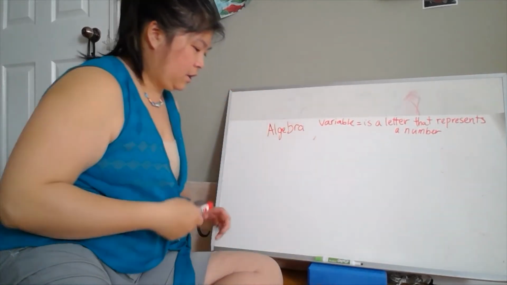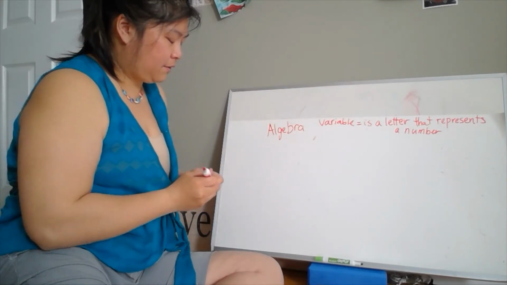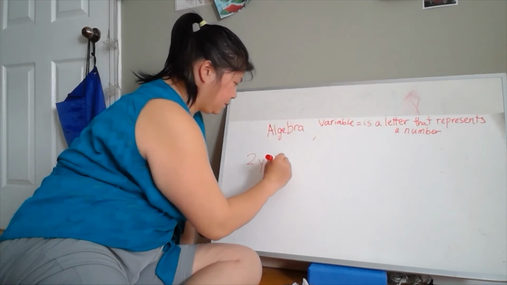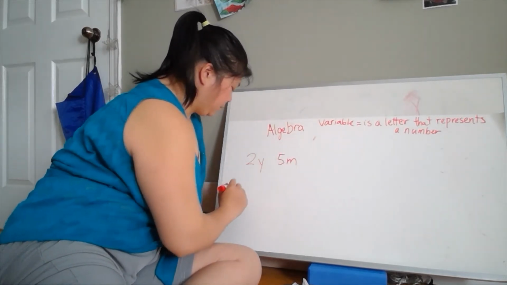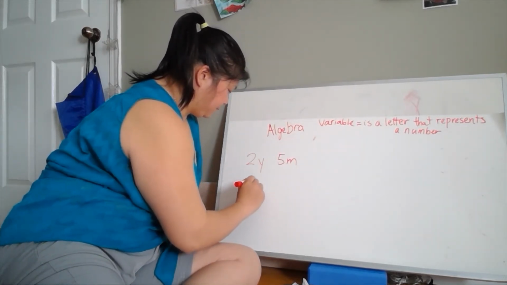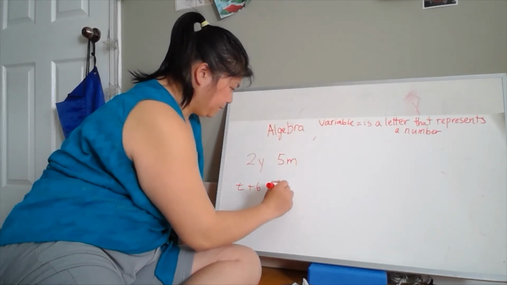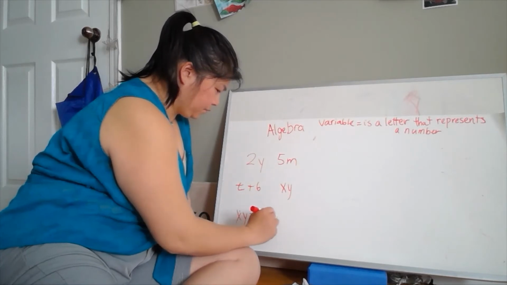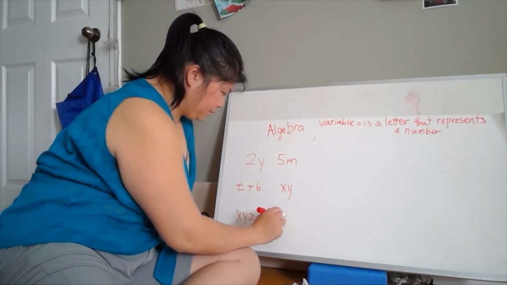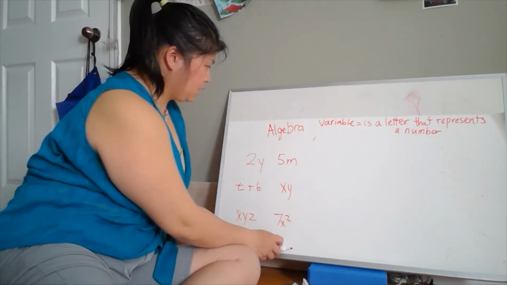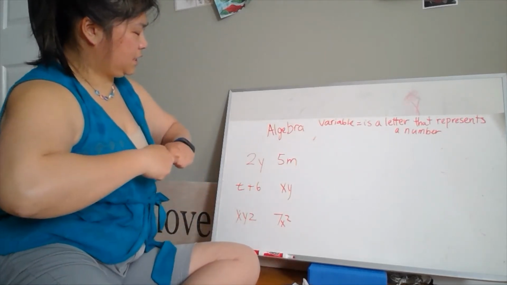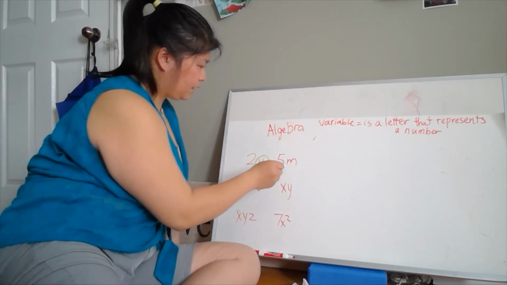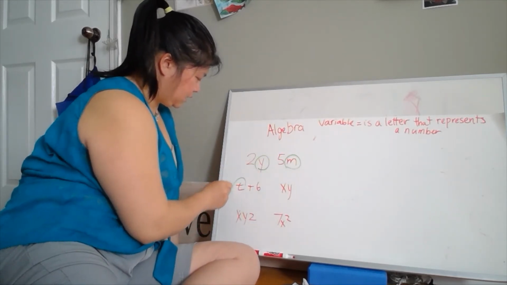Here are some other forms of expressions. The variables in these expressions are y, m, t.